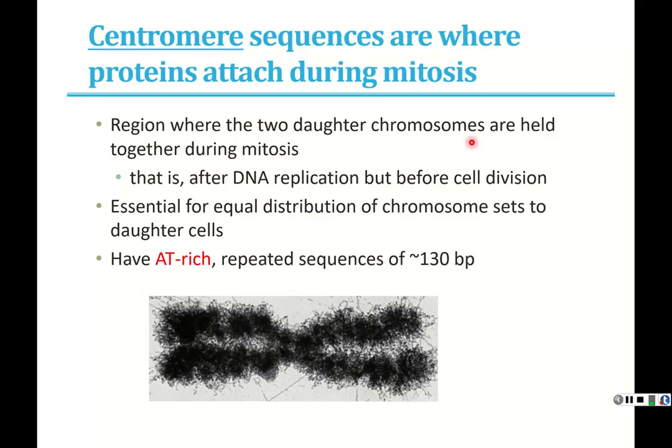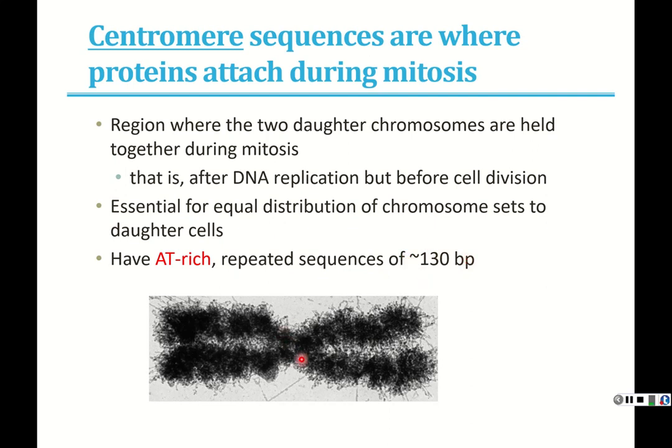Right, centromeres, those are the regions where the two sister chromatids come together, and where the spindle can attach so that the daughter chromosomes are held and split apart during mitosis. These are comprised of AT-rich sequences and repeated sequences of close to 130 base pairs.